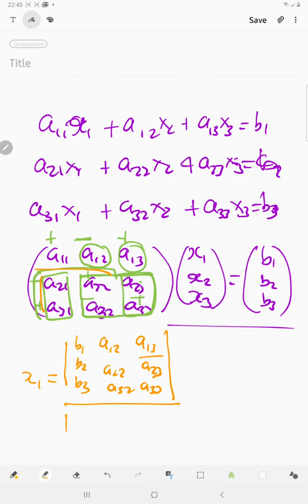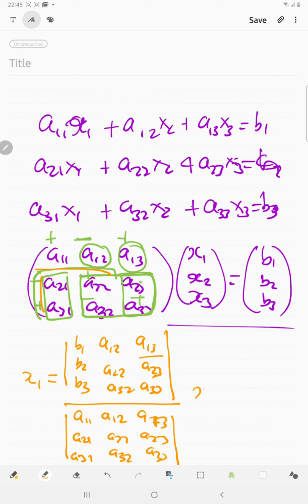And you divide this by the determinant of a11, a12, a13, a21, a22, a23, a31, a32, a33.